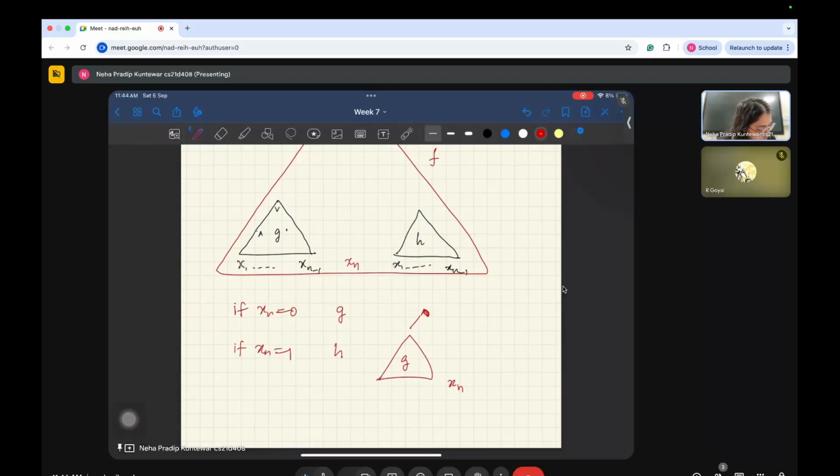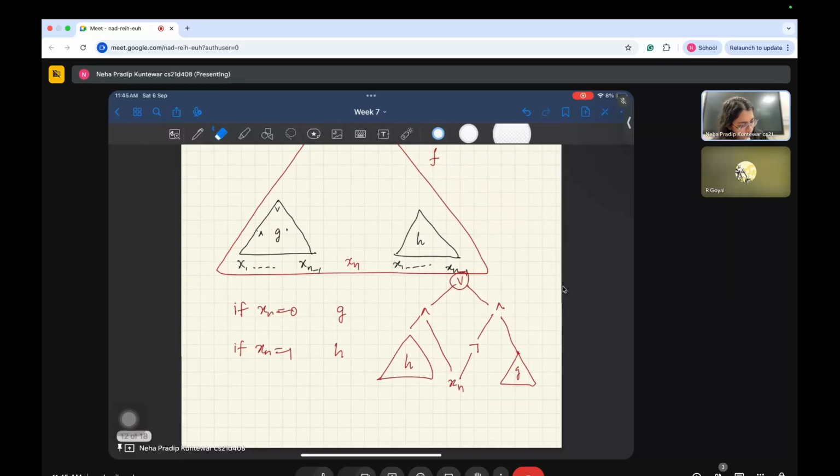So how do we write this? This is an AND of xn and h. If the negation is true, then we want g, and finally we are doing an OR of that.